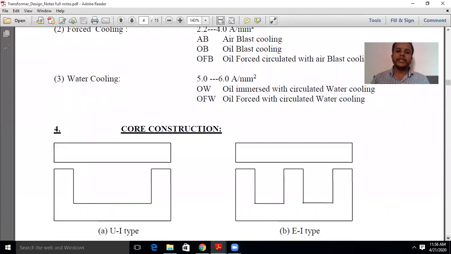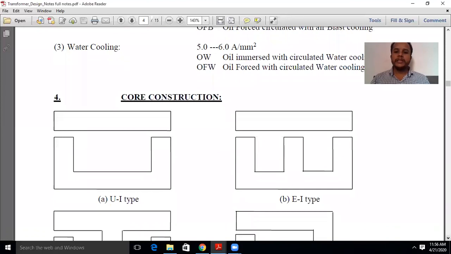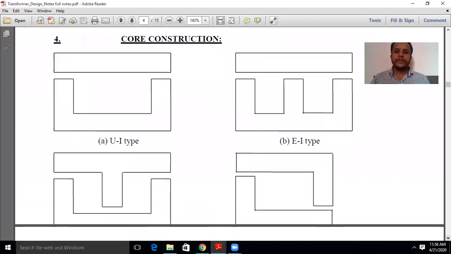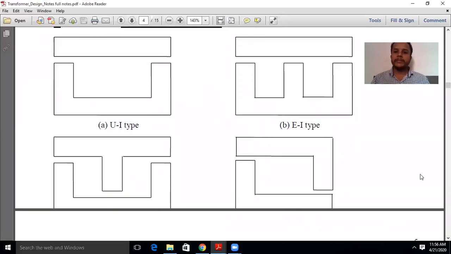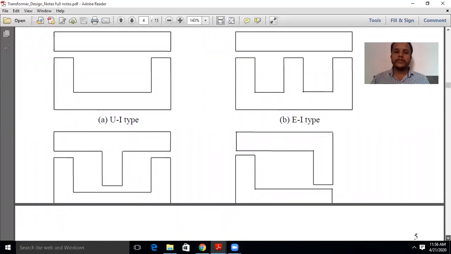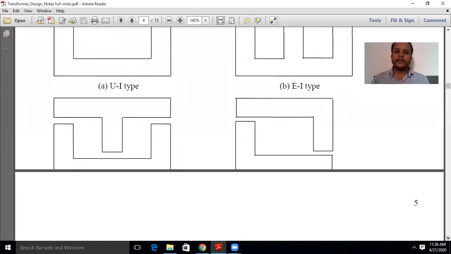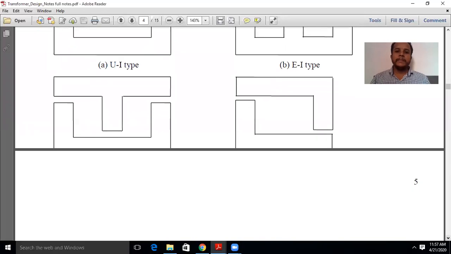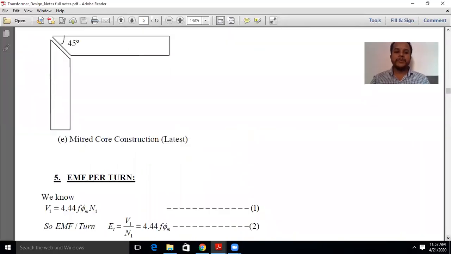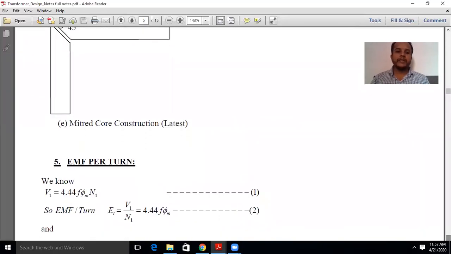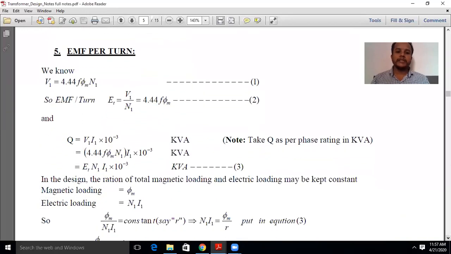Then we saw the core construction. Generally these are the different types of cores we use: I type, U type, E type, L type, and so on. Then we saw the EMF per turn equation of a transformer.